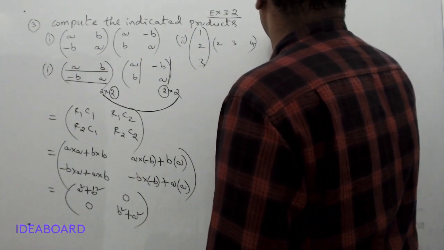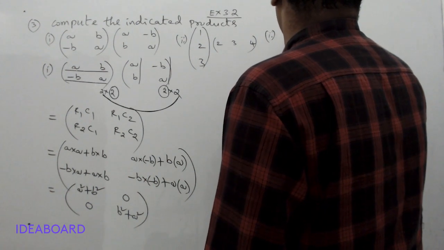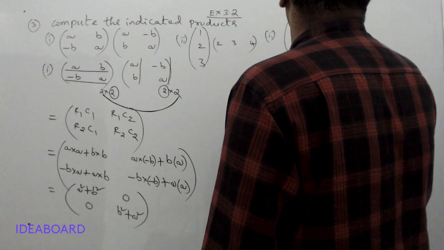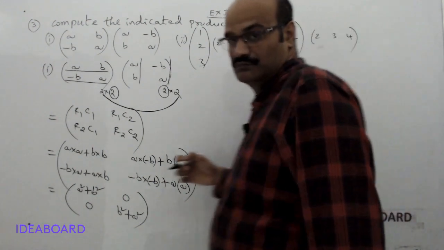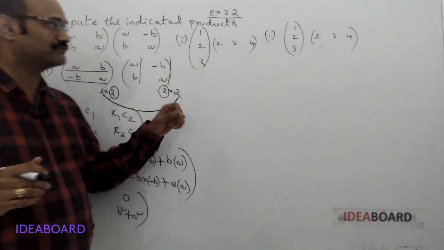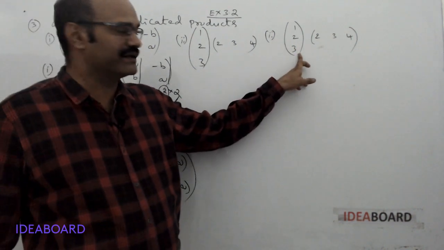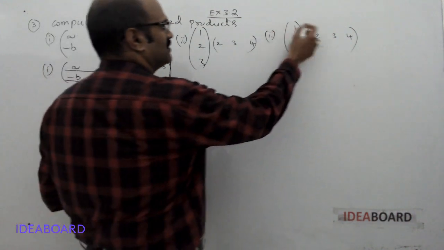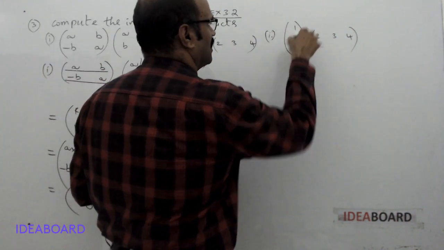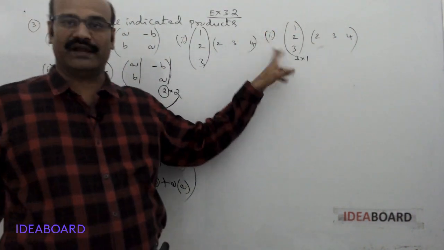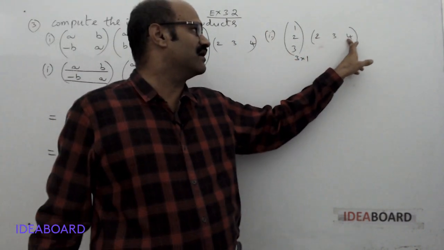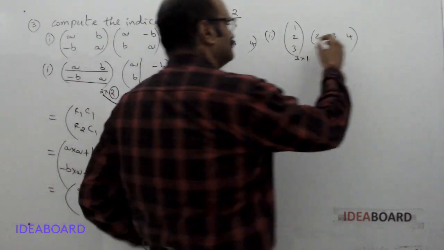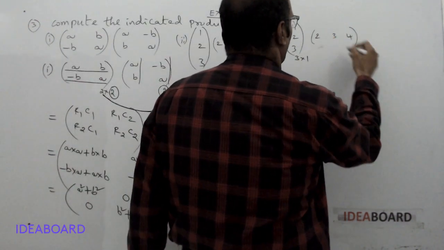Now second problem. Second problem is given that 1, 2, 3, 2, 3, 4. Now here the order of the first matrix equal to 3 by 1, since we are having 3 rows and 1 column. And the order of the second matrix equal to 1 by 3.